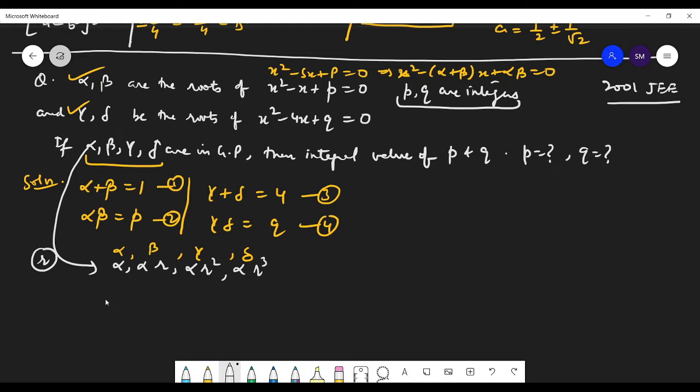So put these values of alpha, beta, gamma, delta in these four equations. What do you get from the first equation? Alpha plus alpha r equals to 1, so alpha into (1 plus r) equals to 1.